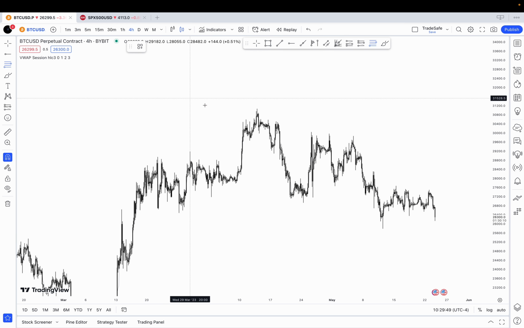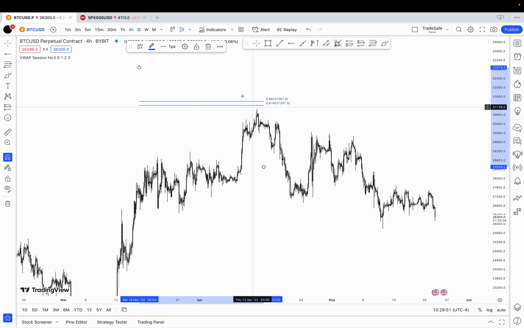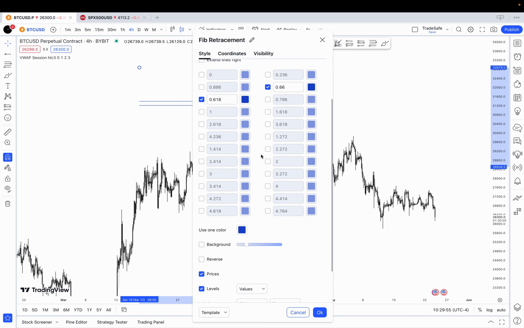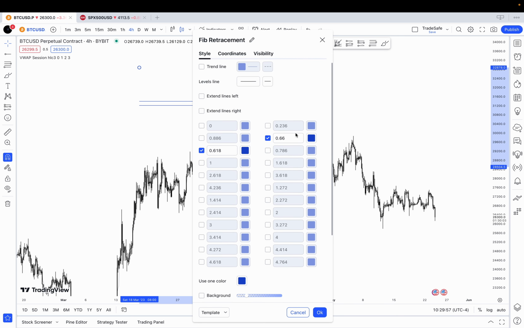I'm just going to pull it. There are thousands of different settings that you can do, it's literally impossible. But what we're looking at right here is just the 0.66 and the 0.618. For the terms of this video, I will pull on the full fib, which would be this. The 0 and the 1 are just the low and the high that you're pulling it from.